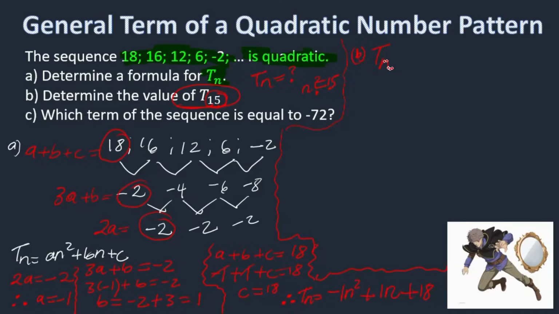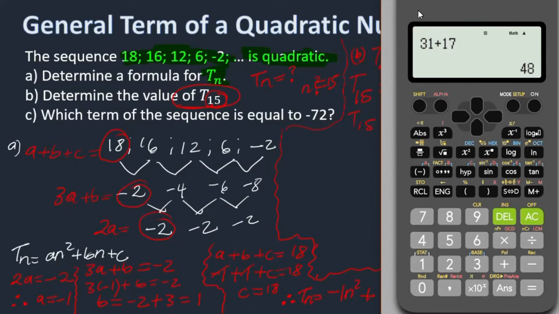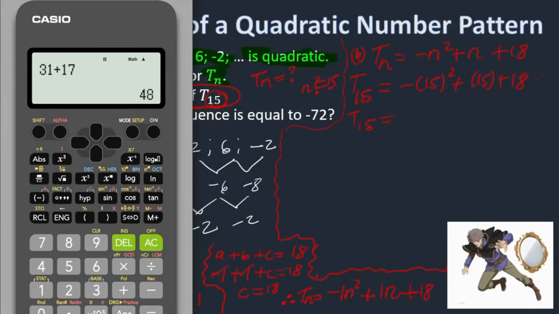You start by writing the equation. The equation says -n squared plus n plus 18. So we are looking for T15. I put T15 is equal to, wherever there is n, I put 15s this way. And afterwards, what do I do here? I don't strain myself. Just pull out the calculator and punch it in.